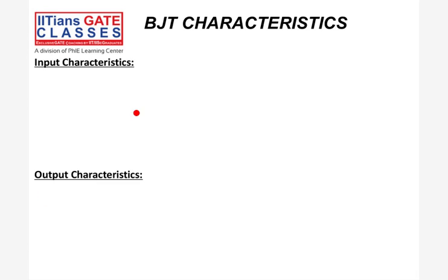In input characteristic, V2 is constant and V1 is a function of I1. It means the input current I1 and input voltage V1 are obtained by maintaining output voltage V2 constant. That is the input characteristic.